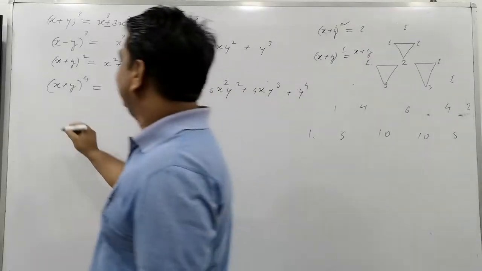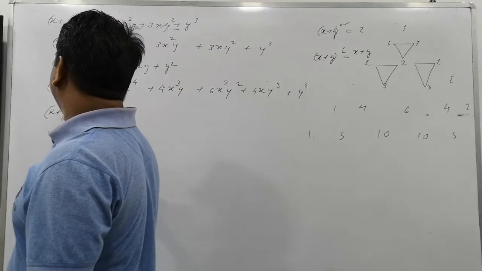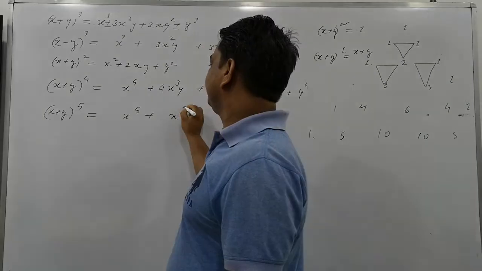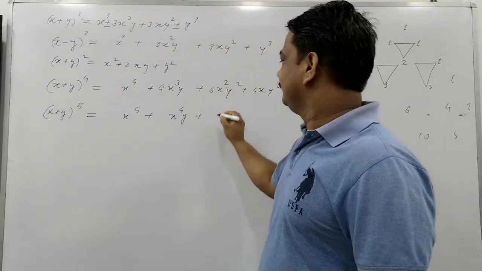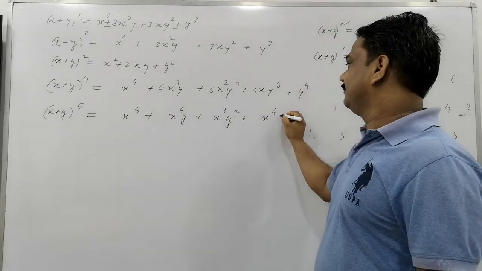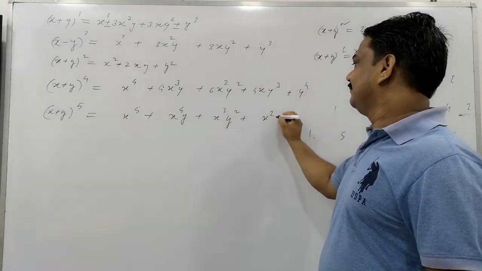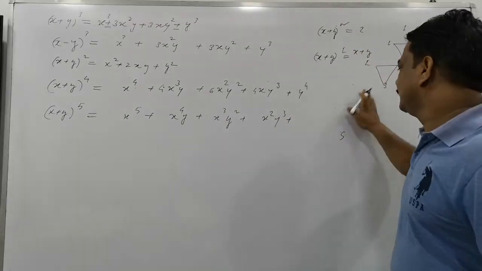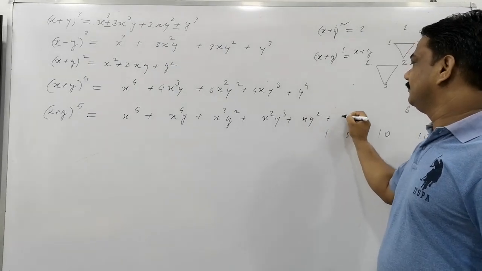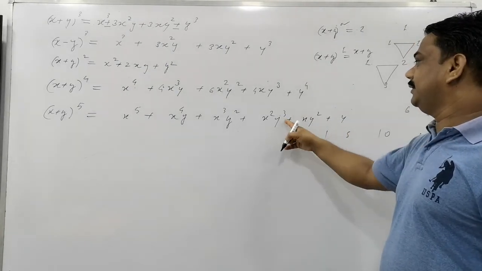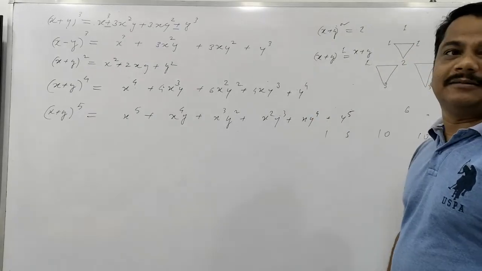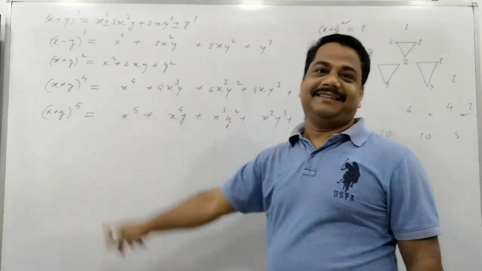So speak this please: x plus y whole to the power 5 is x to the power 5 plus 5 x to the power 4 y plus 10 x cubed y squared plus 10 x squared y cubed plus 5 x y to the power 4 plus y to the power 5. Count the terms: 1 2 3 4 5 6.